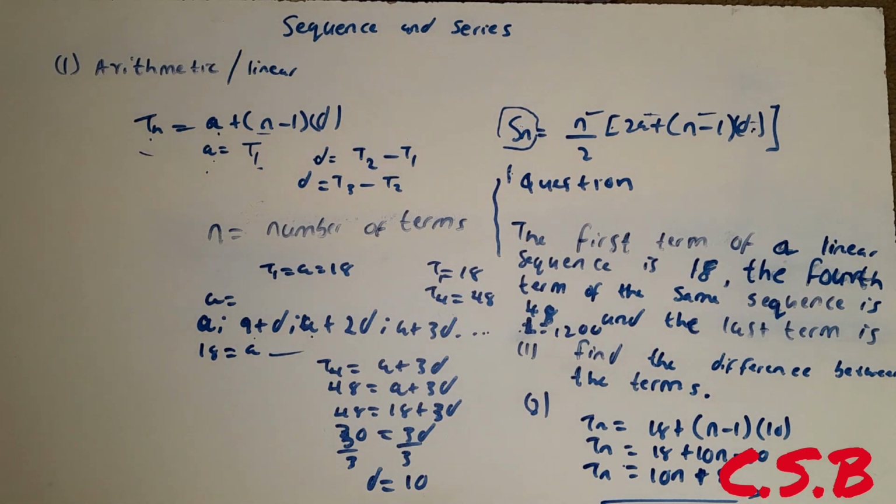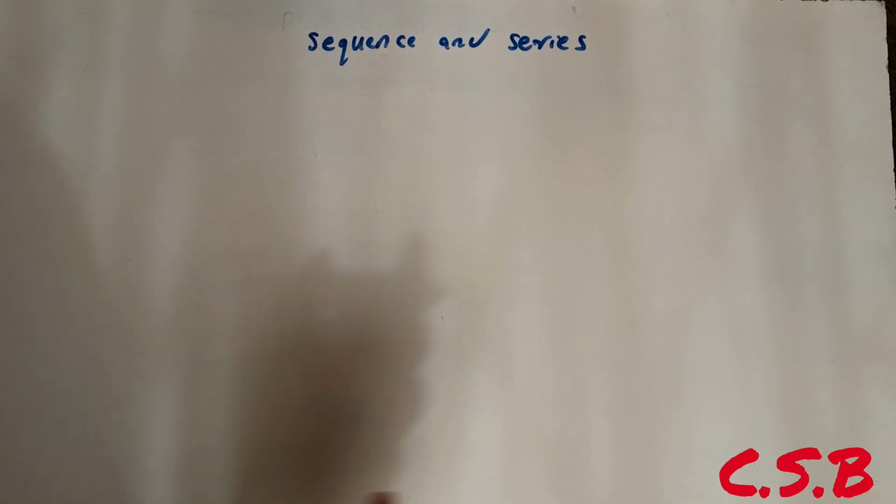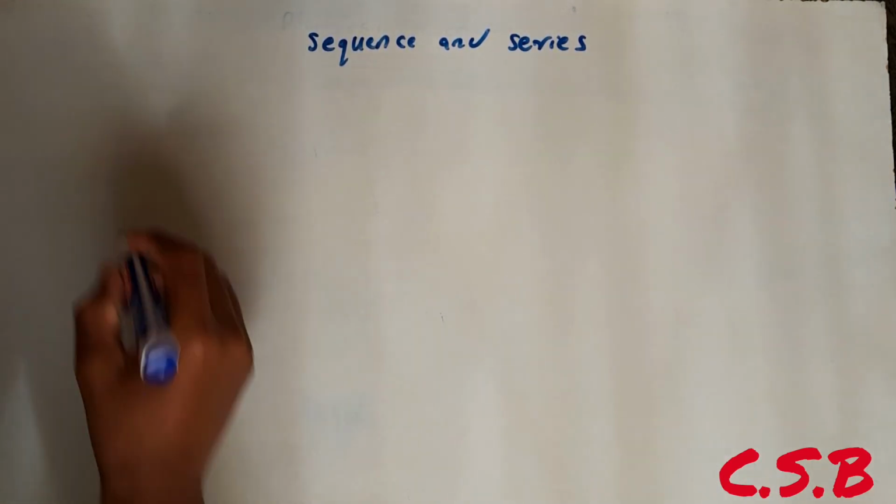Now the question says, calculate the number of terms. So now we need to calculate n. Guys, I tried giving some space so I can solve that problem, but it doesn't appear very well, so I thought of taking the data again.